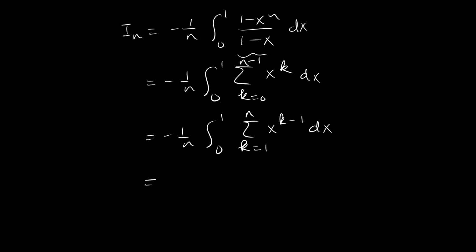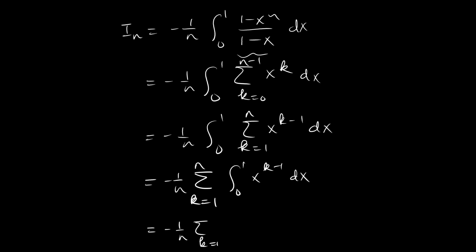And the integral of the sum of items is the same as the sum of the integral of independent parts, so we can shift the summation out and the integral in, so that we are now on to the summation from k equals 1 to n of x to the power k over k from 0 to 1.